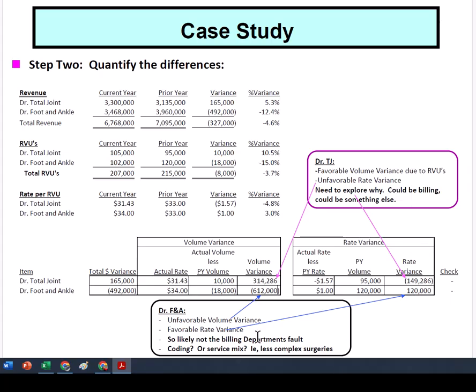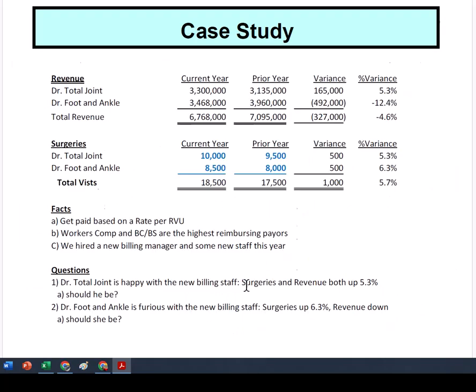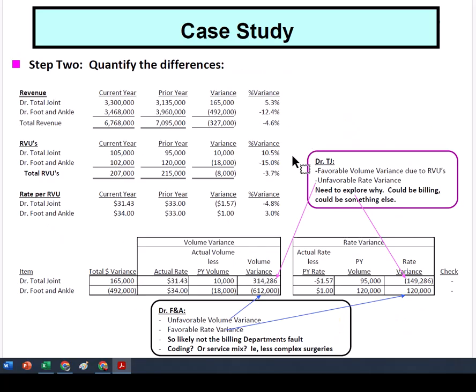So I'm probably not going to be looking at billing for Dr. Foot and Ankle. I'm going to be looking at why these RVUs are down. So again, just to emphasize this, we look at this, we make some erroneous conclusions, we start digging a little deeper.